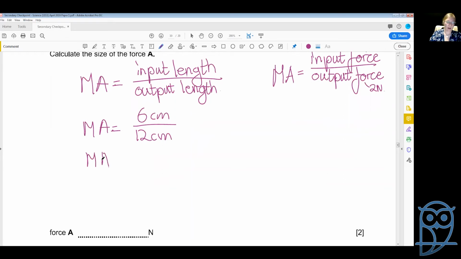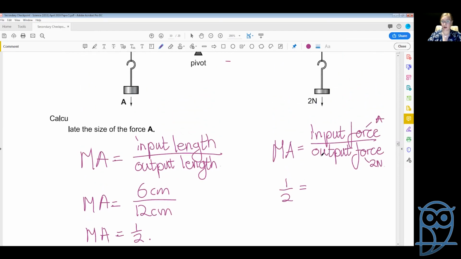So our mechanical advantage is 1/2. Okay. So now we have 1/2 over here in place of our mechanical advantage. Our input force, we don't know, that is just A. And our output force over here is 2 newtons. So we want to figure out how big A is.